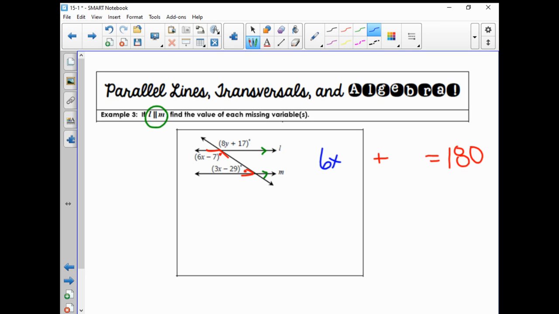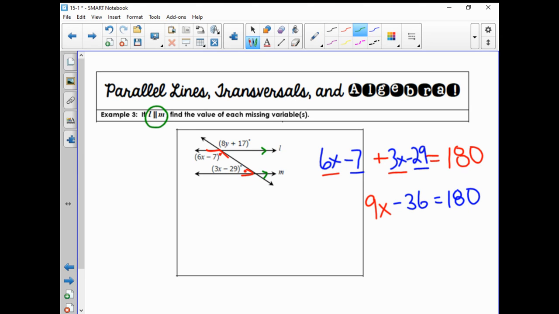We've got the 6x minus 7 added to the 3x minus 29, and that'll equal our 180 degrees. Solve for x really quickly. We could combine some like terms. 6x plus 3x is 9x. Then we've got our negative 7 minus 29, so we've got a negative 36. That's equal to 180.